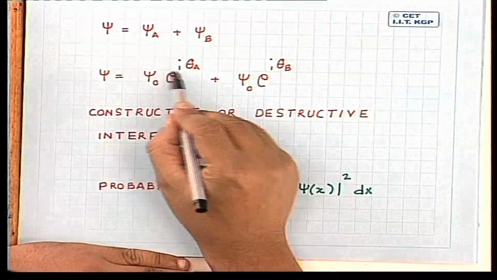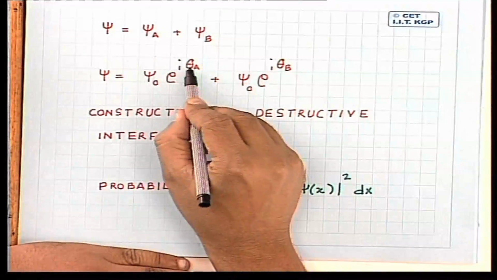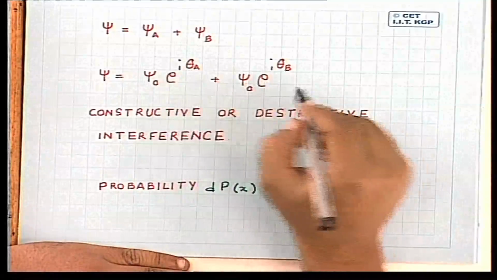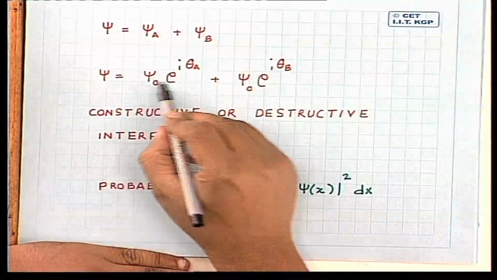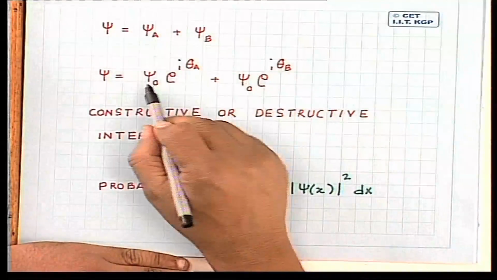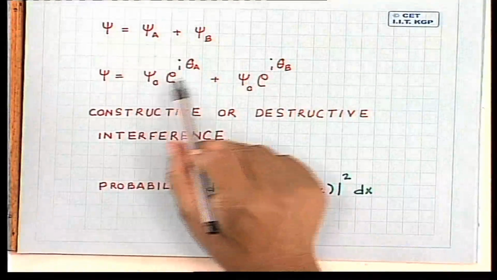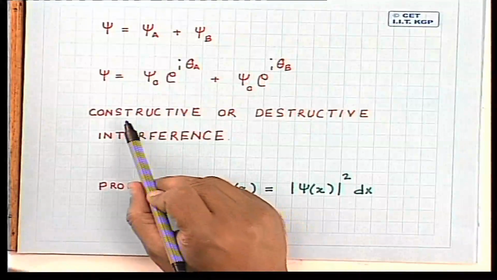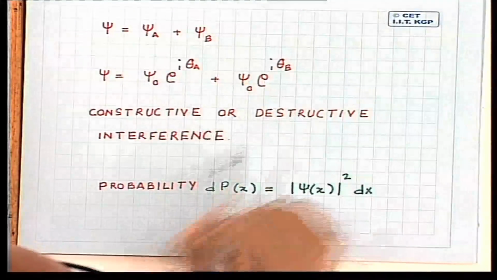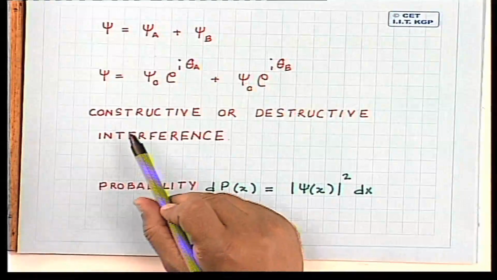So the phase for A, let it be e to the power i theta A, and the phase for B we denote by theta B. These two waves pick up different phases as they propagate through different distances, and these two phases could add up constructively or destructively. So this is the phenomenon of interference.